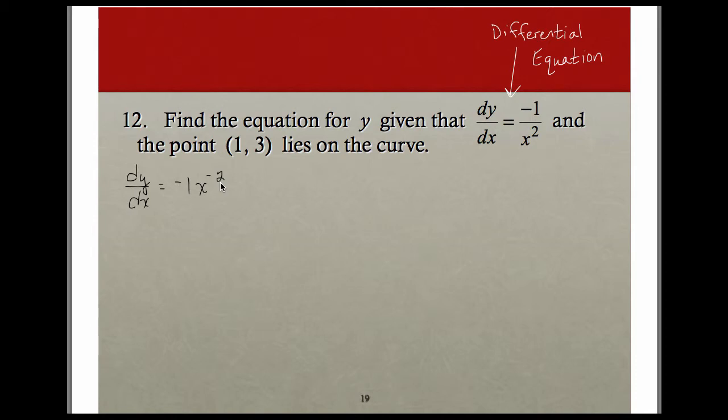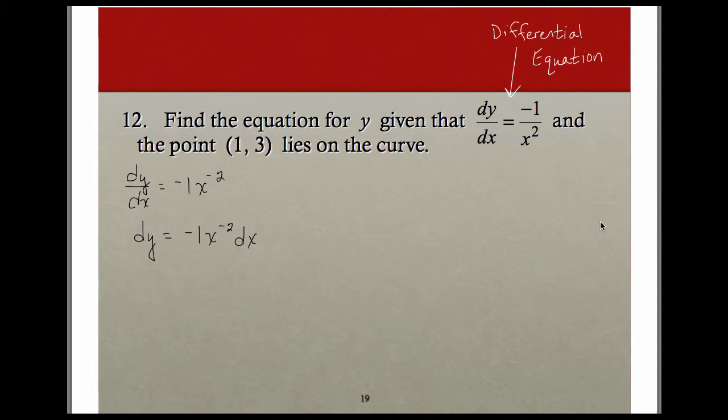What that means is get all your x's to one side, get your y's on the other. So I'm literally going to multiply both sides by dx. It's sort of like that differential idea that we saw at the end of Unit 3.